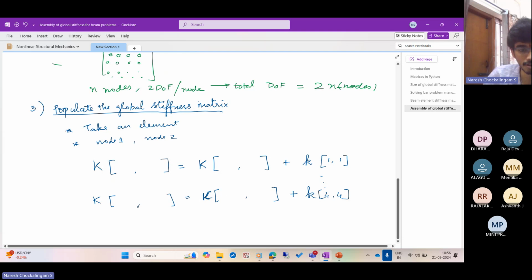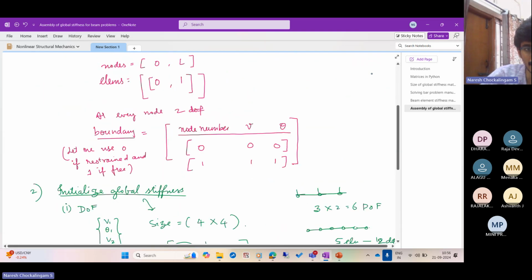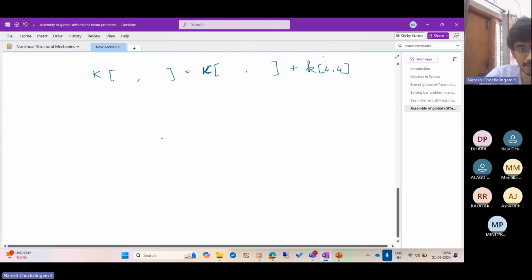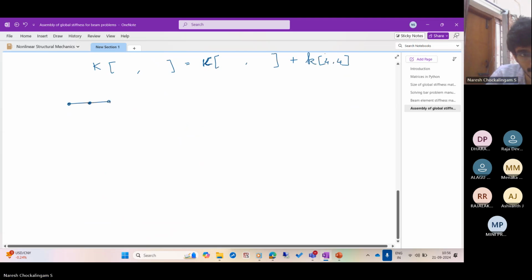Now, one of you can tell me the logic of how we'll do it. Let me tell you first. For now we are solving the problem of just one beam, but in general you can have n beams connected like this, and when you split it up you will have elements like this. You take this element; the first node of this element goes here.